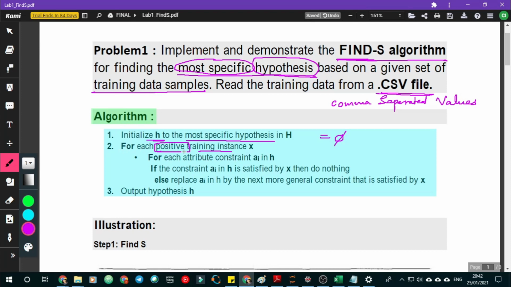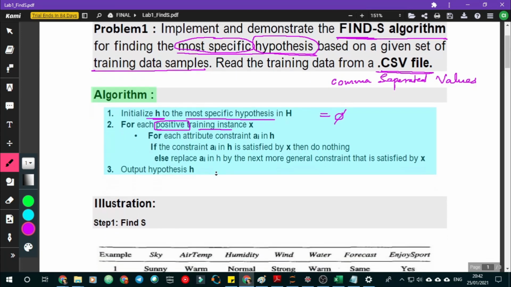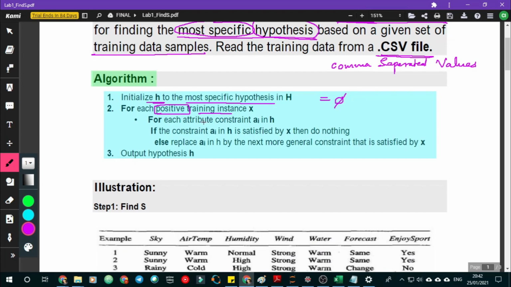So we are reading the positive training examples here. That means we are not reading the negative training examples. We will be clear about which data sample is negative and which data sample is positive. Once we read the positive data sample or training instance, we go through each and every attribute value of the data sample.